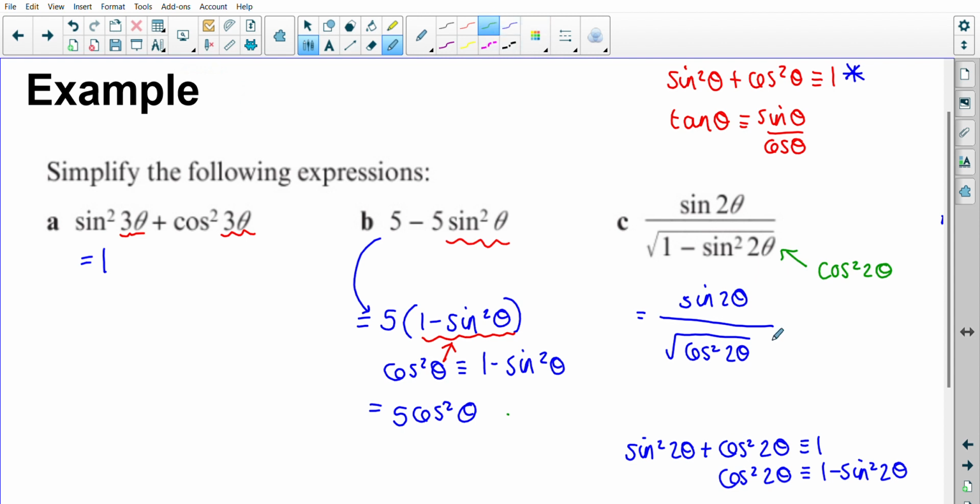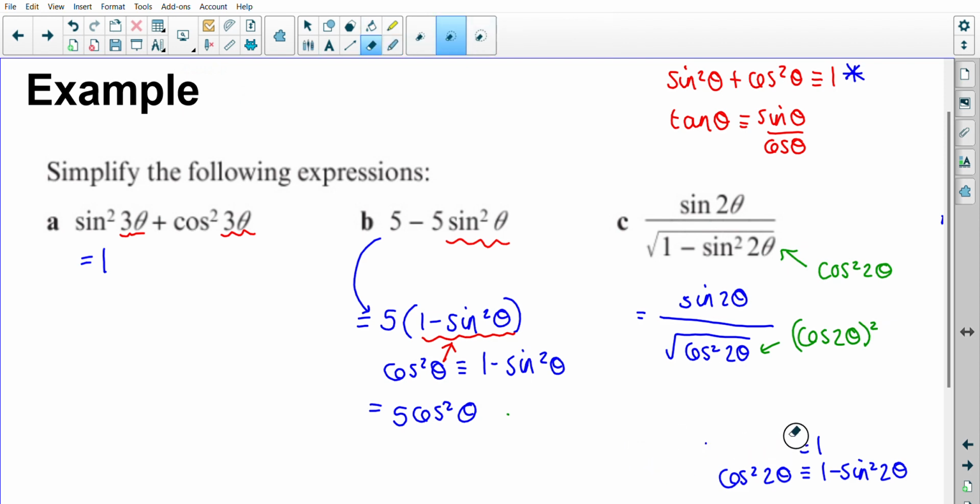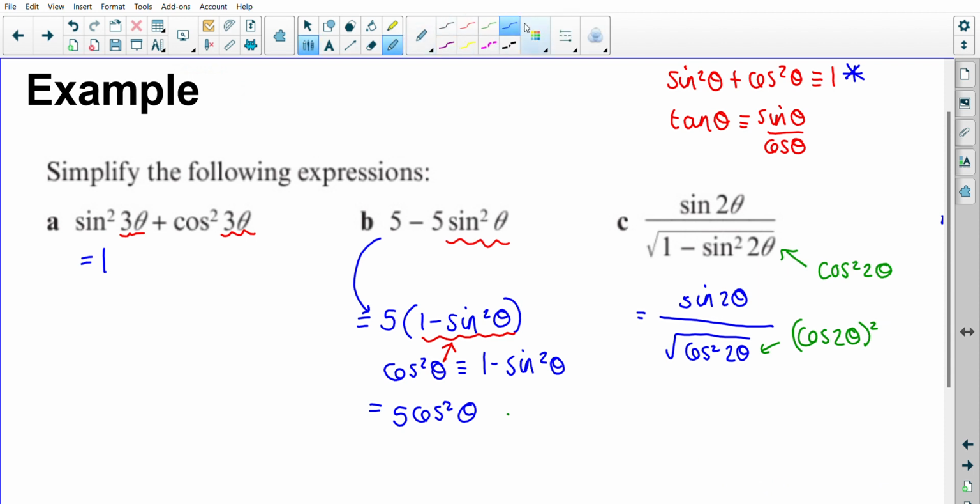And this, remember, can be written as cos 2 theta all squared. So I've got the square root of something squared. We'll just make a bit of space. The square and the square root will cancel. So I'll be left with just cos 2 theta.